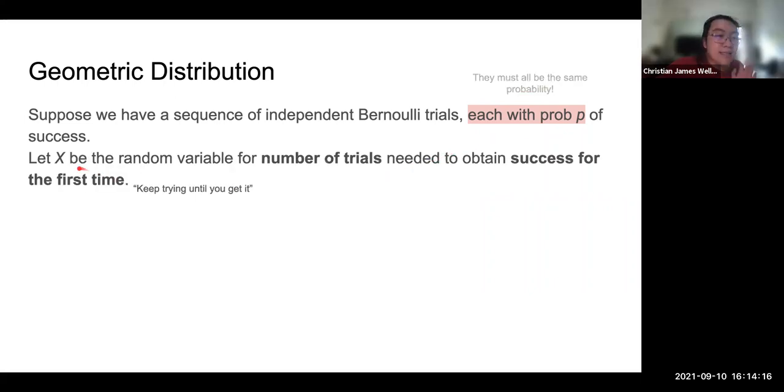Now, this random variable I will define counts the number of trials you need to obtain success for the first time. It's kind of like saying, keep trying until you get it. If you fail, try again. If you fail, try again. If you fail, try again until you succeed for the first time ever. Then you stop. Then after you stop, you see how many times you needed to try before you succeeded. This is the intuition of a geometric distribution.